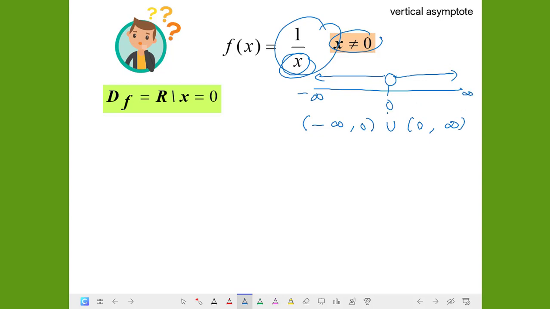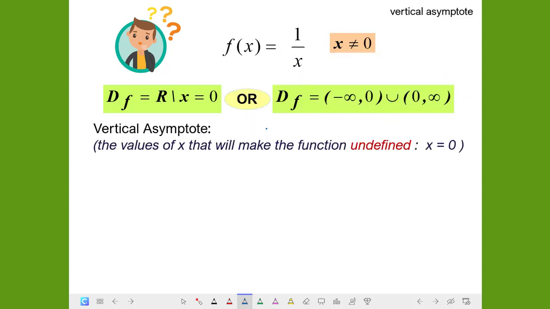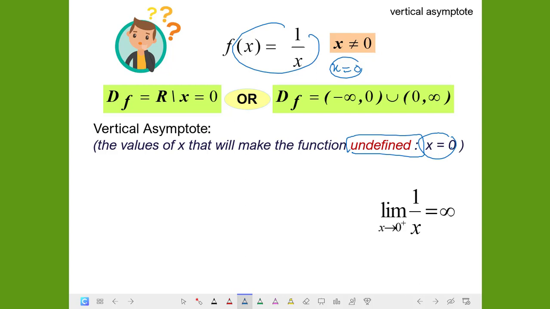This is the domain for f(x). The next step: the vertical asymptote is at the values of x that make the function undefined. The function is undefined when x is equal to 0. So x equals 0 is a vertical asymptote.